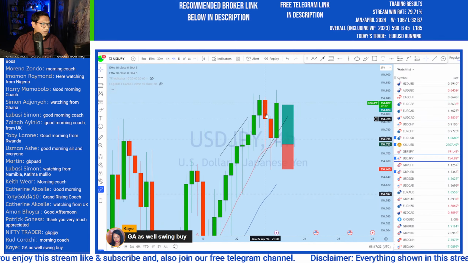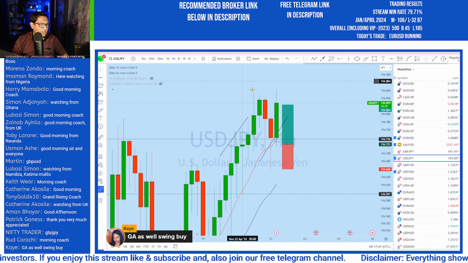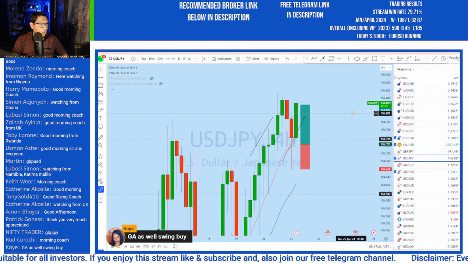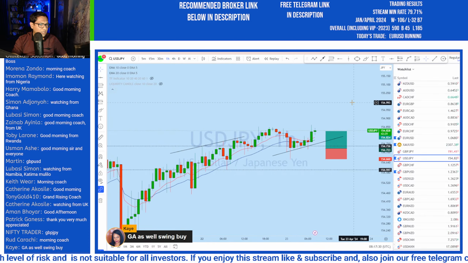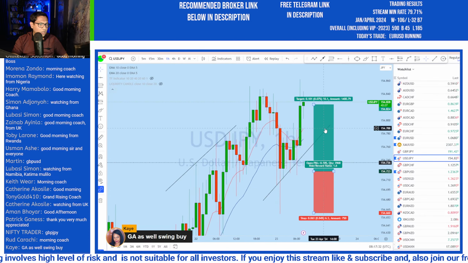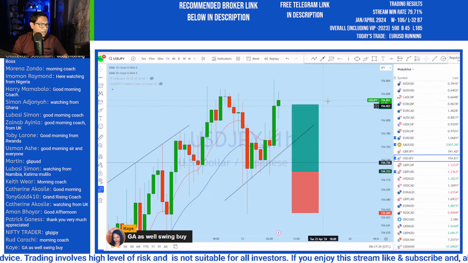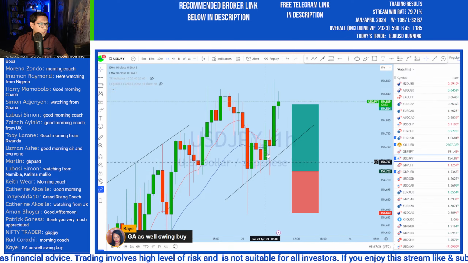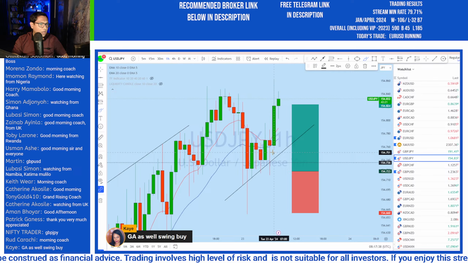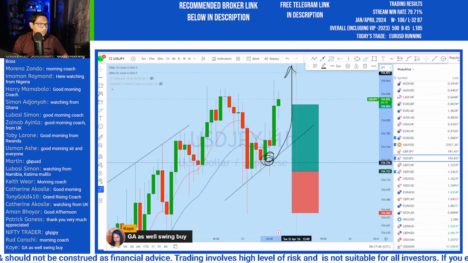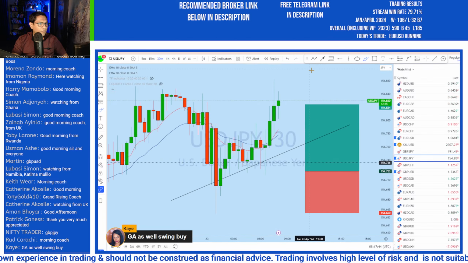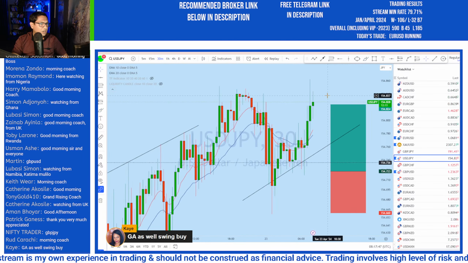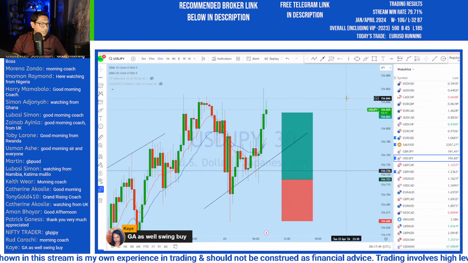We have seen there was a bounce where we took the trade. The market has come down for a pullback, and it's also showing potential bullish price action at the moment. There is a very strong liquidity grab here as well, and with the liquidity grab, the market has made a significant bounce on dollar yen, and from that zone we can see the price started to move back towards the upside.